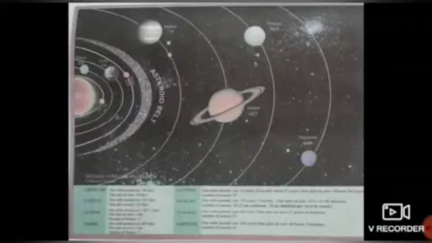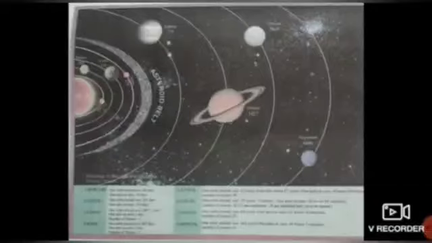Uranus. Uranus is 2869 million kilometers away from the Sun. It takes 84 years to complete one revolution and 17 hours 14 minutes to complete one rotation. It has 27 moons. And now Neptune.